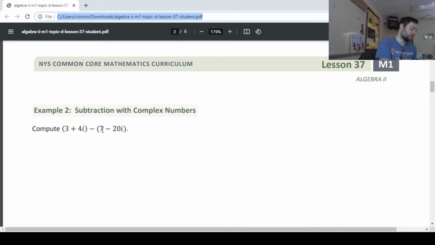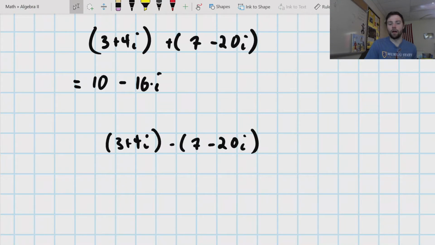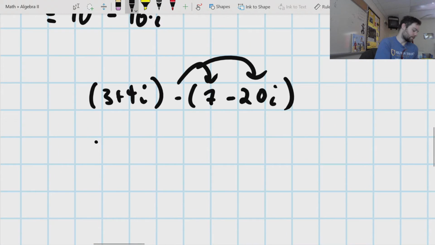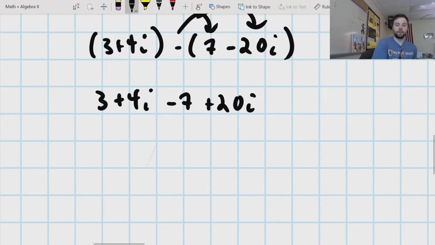Even though they have similar numbers involved, the answer isn't going to be just the opposite. It's not going to be like negative 10 plus 16i. You're going to have to work the problem out. So you've got a negative out front, and it distributes. You get 3 plus 4i minus 7 plus 20i.